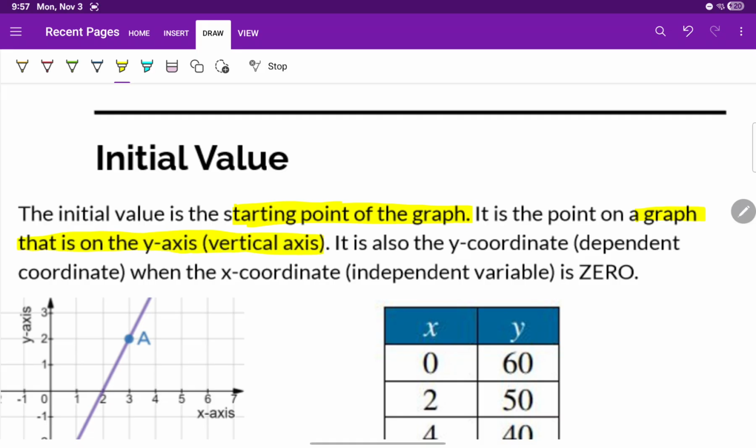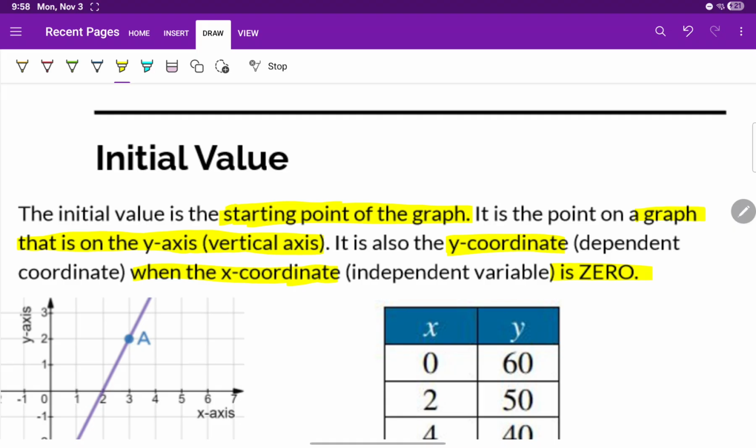It's the point that's on your y or vertical axis. It is also the y-coordinate when the x-coordinate is 0. So if we look at our coordinates in a table of values, the initial value is your y value when x is 0. Again, if we need to pause this for people to get this copied down, feel free to pause.